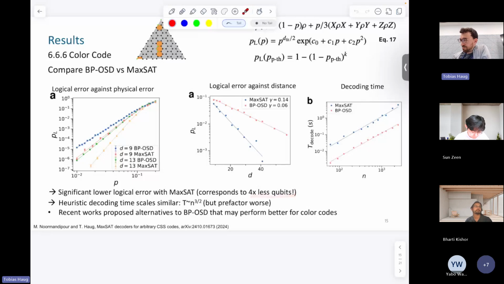So what I want to say is that just by choosing the right decoder, you can save a lot of physical resources, because a good decoder can reduce errors by quite a lot, and then you need fewer qubits to get the same kind of error reduction.